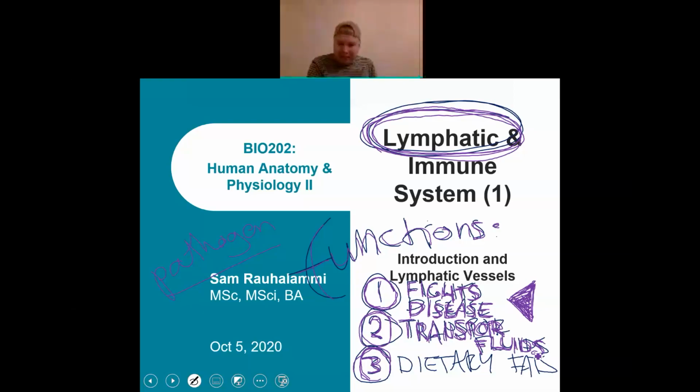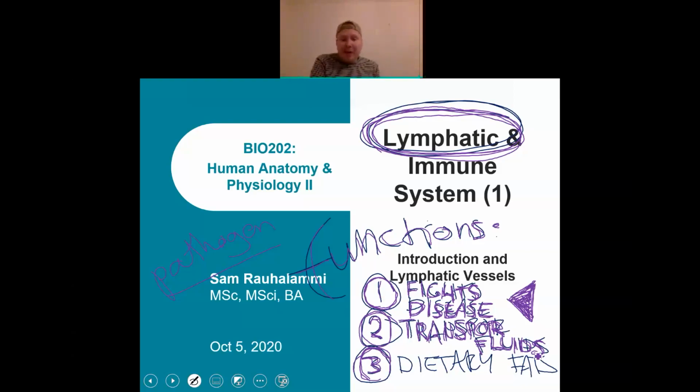There are many places. But what the lymphatic system helps us do is make sure that those fluids don't build up in only one location, so that they are transported wherever the fluids are needed.